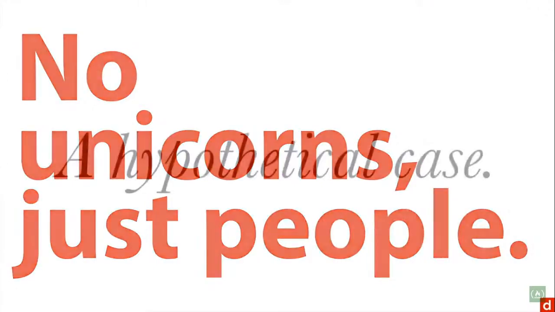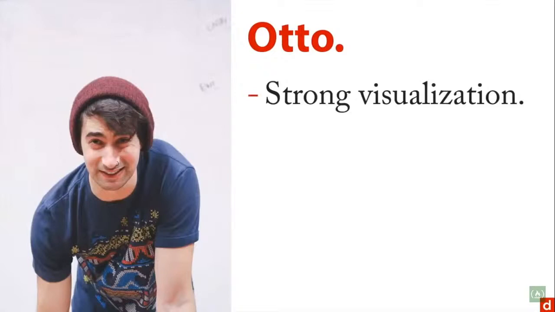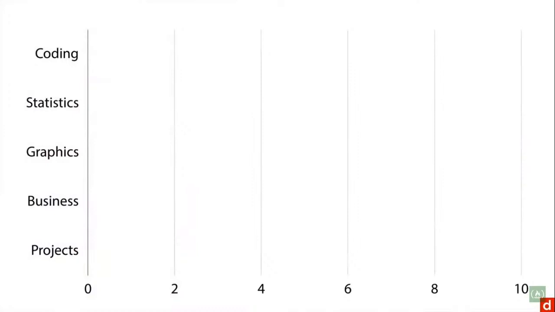So let's take a hypothetical case just for a moment. I'm going to give you some fictional people. Here is my fictional person, Otto, who has strong visualization skills, who has good coding, but has limited analytics or statistical ability. And if we graph his abilities, here we've got 5 things that we need to have happen, and for the project to work, they all have to be at least a level of 8 on the 0 to 10 scale.